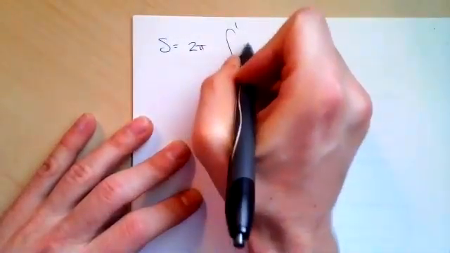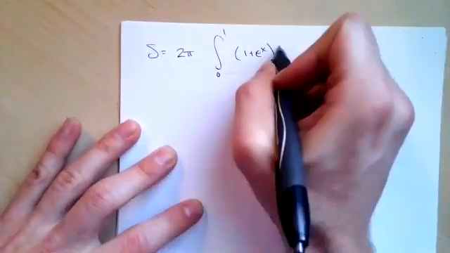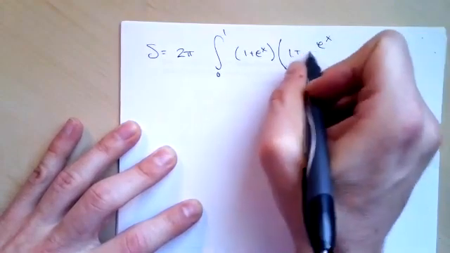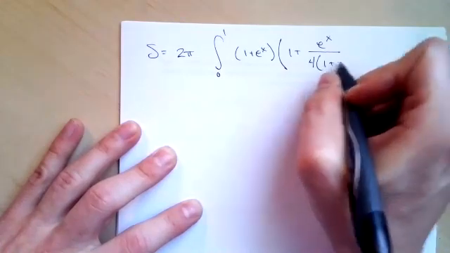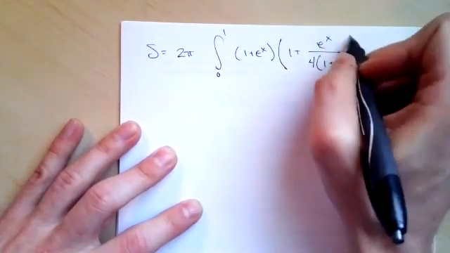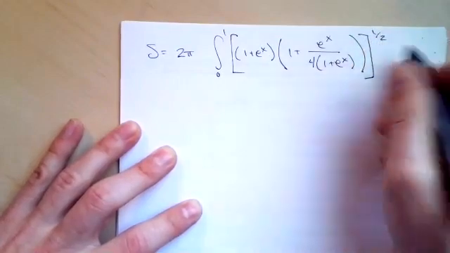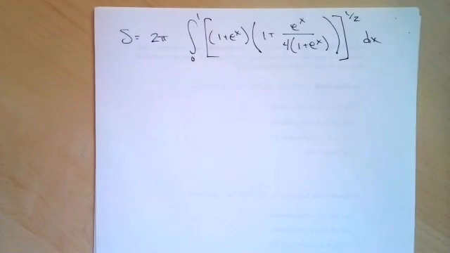And I'm going to write it as 1 plus e to the x times 1 plus e to the x. And actually, I'm going to go ahead and factor this 4 out again, and all of those guys raised to the 1/2. Don't forget that power of 1/2.